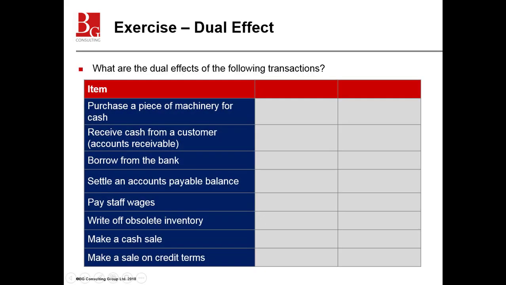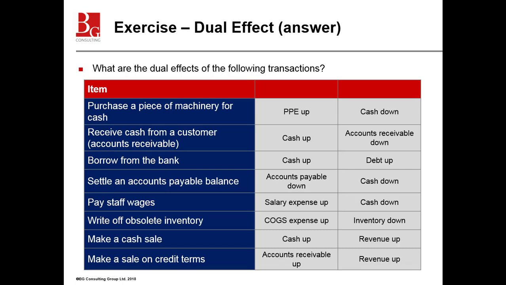Now try the following exercise. Fill in the table to complete the dual effects of each one of the following transactions. So if you purchase a piece of machinery for cash, PPE goes up and cash goes down.